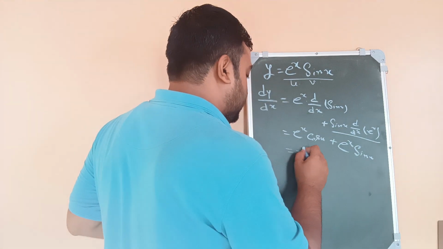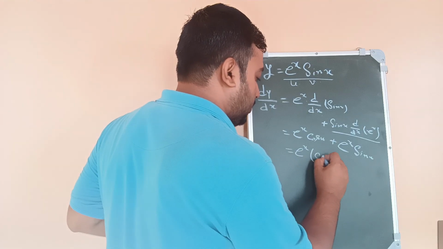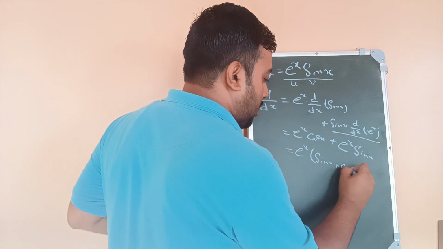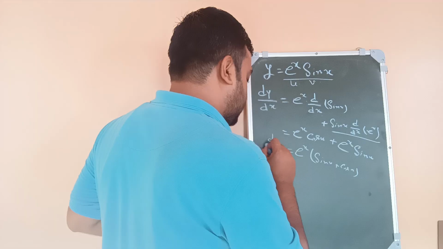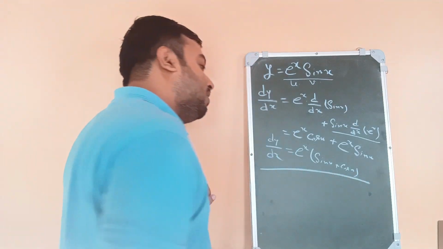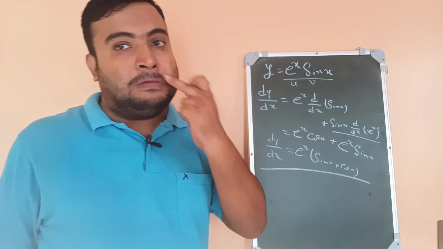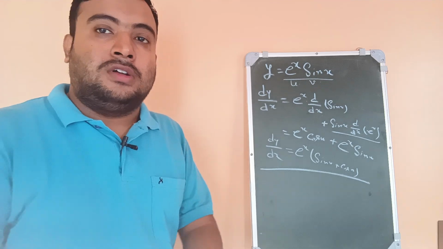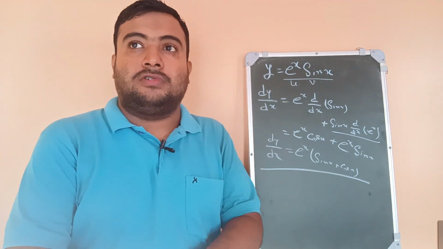So we can say e to the power x into (sin x plus cos x). So this is our derivative. This is how we will solve any problem. We are concluding the chapter of differentiation today.